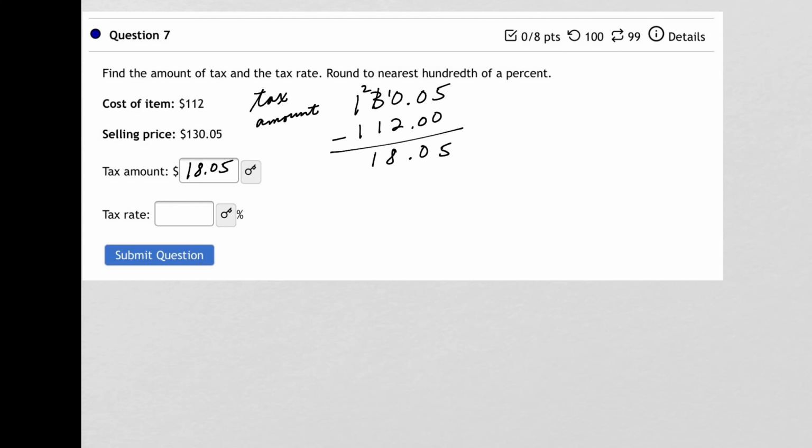Okay, now we want to find the tax rate. So basically, we want to find what percentage 18.05 is of 112. I'll write this in words.